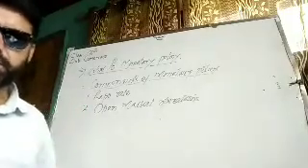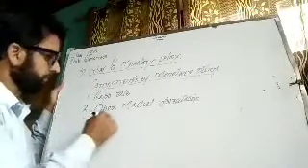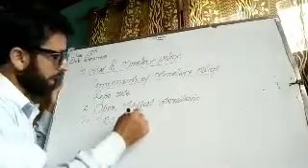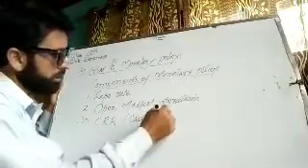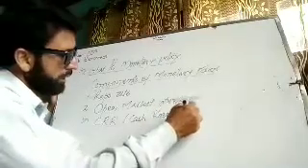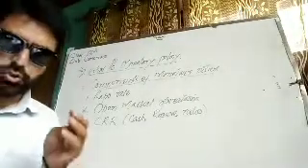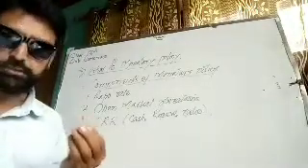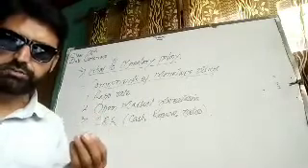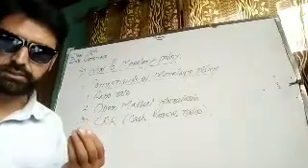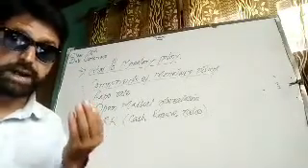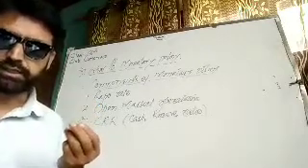Number three is CRR, cash reserve ratio. It refers to the ratio between cash reserves of the commercial banks with the central bank and its total deposits.